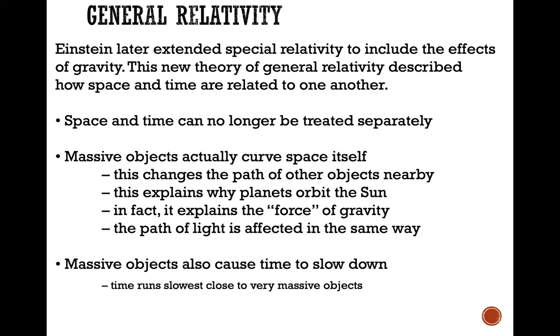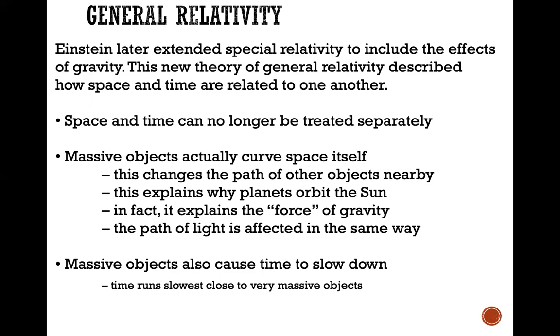So if you have a very massive object, it will curve the space, and as a result of this, it will change the path of other objects nearby. Think about a very massive object that curves the space, and then any object nearby has to travel on this curved space, right? Which means naturally the path of that particular object will be changed due to this effect.